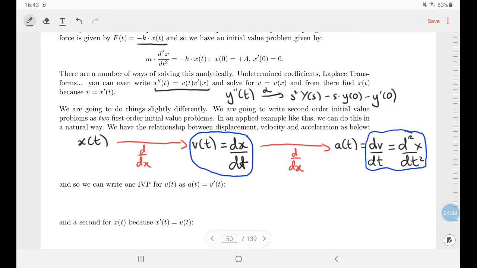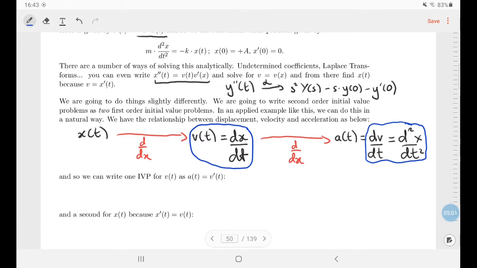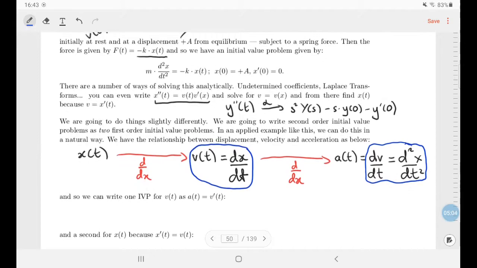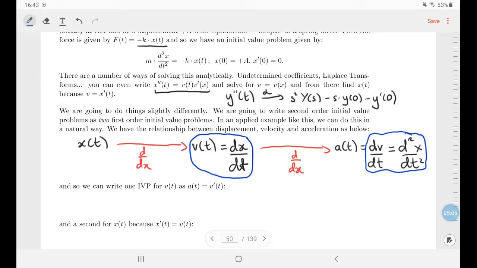So you can write out one initial value problem for v of t as the acceleration is the derivative of this. So if I look up above at this thing, I can write this spring thing as mass times the second derivative of displacement, here dv dt, equal to minus k of x of t.